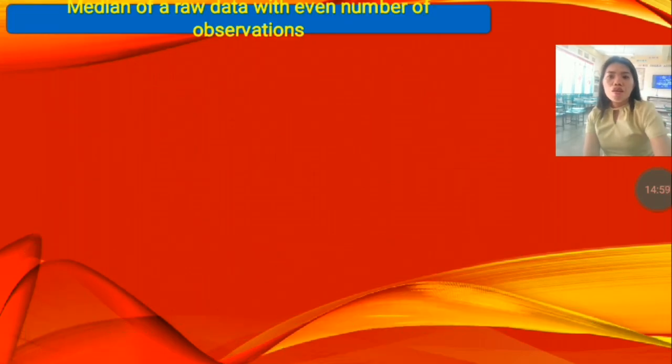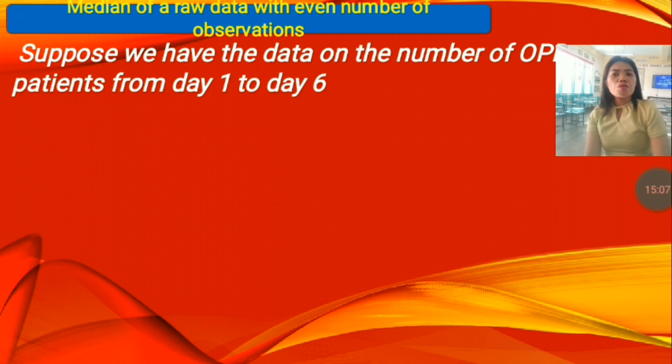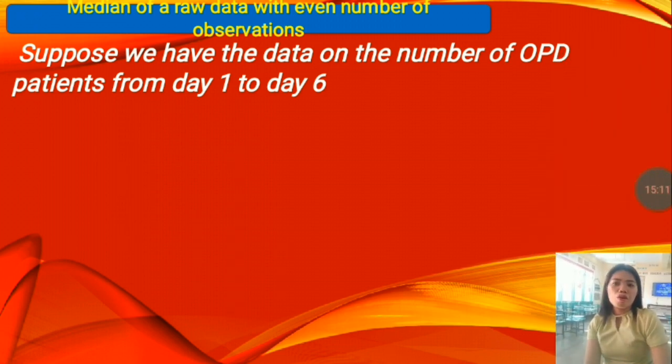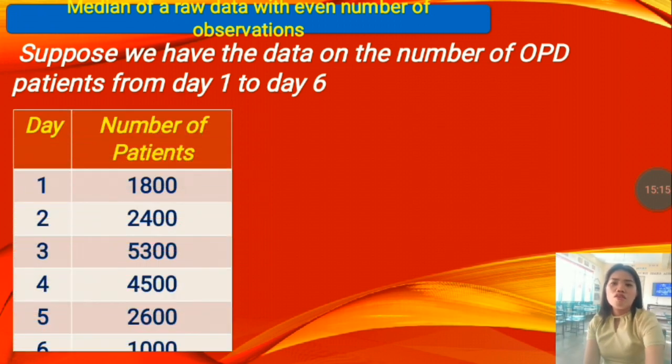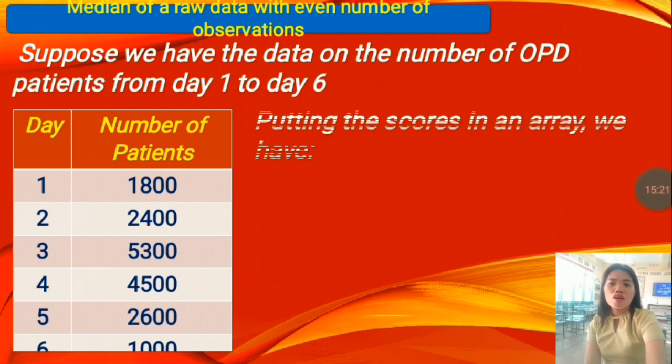Okay, so let's have an example with a median of raw data with an even number of observations. Suppose we have the data of the number of outpatient department patients from day 1 to day 6. Day 1 to day 6 is our first column, and the number of patients per day is in the second column.